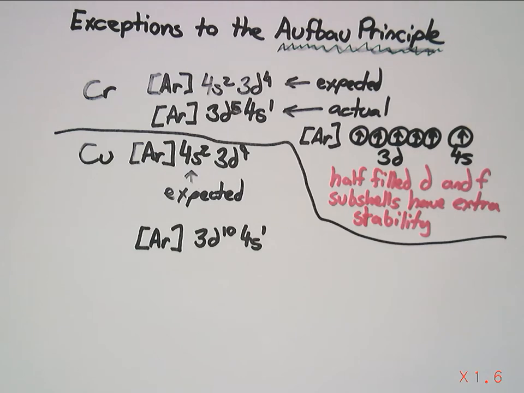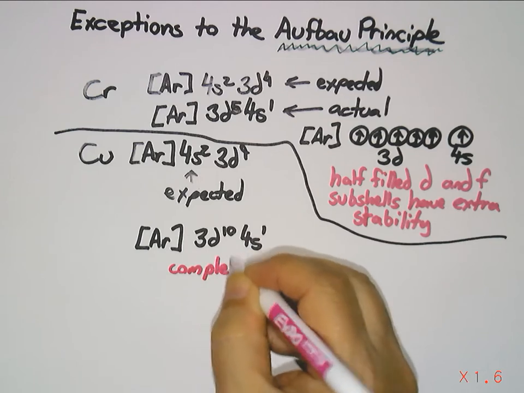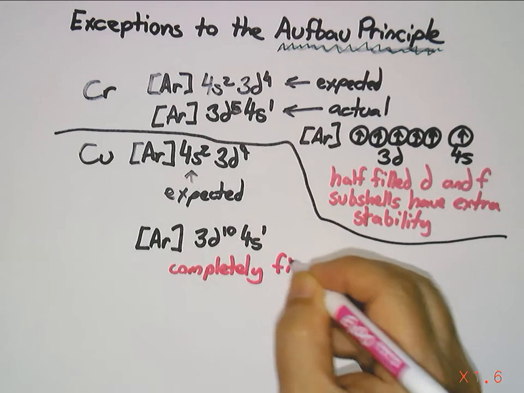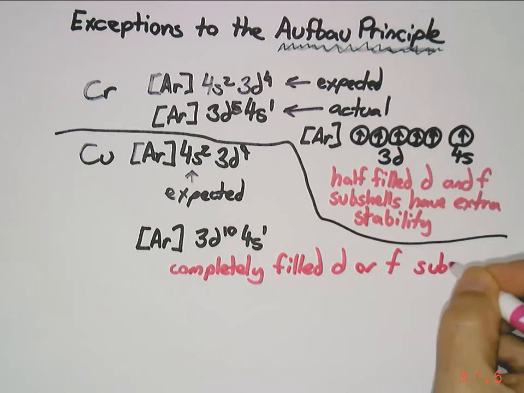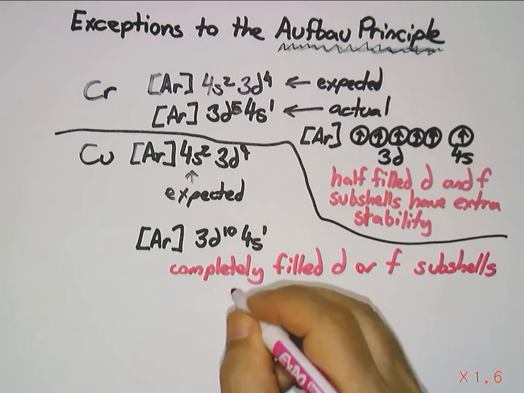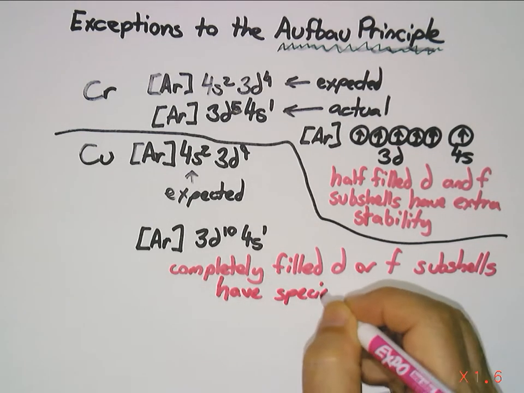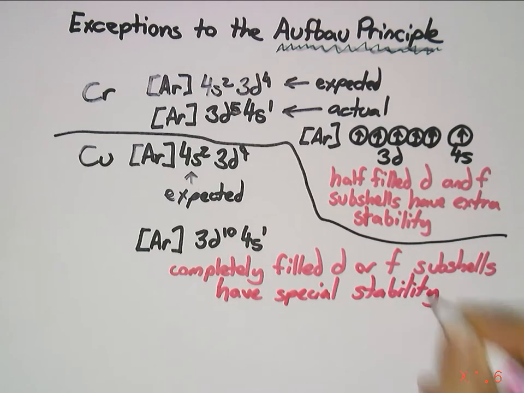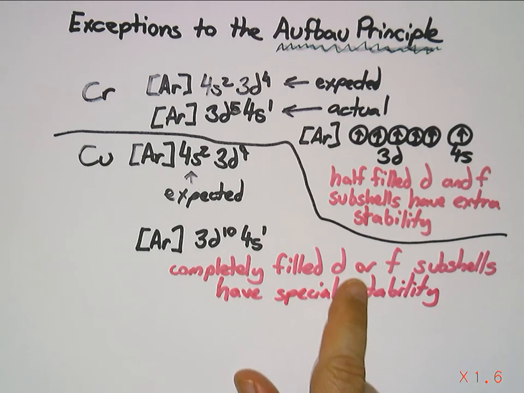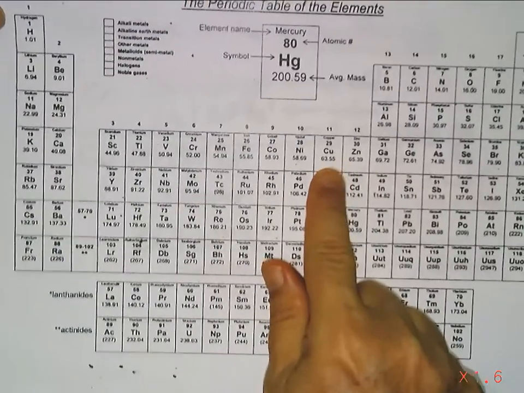Now, you can summarize this kind of behavior too. You can say completely filled d or f subshells have special stability. Now, you're going to see this with some other exceptions. It's not just copper that does this.